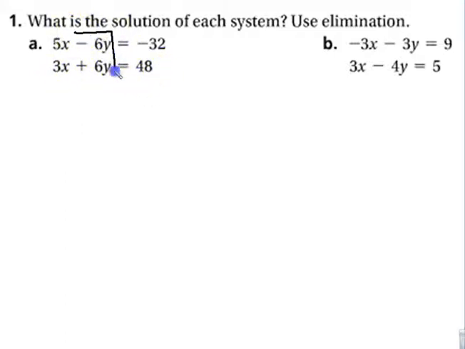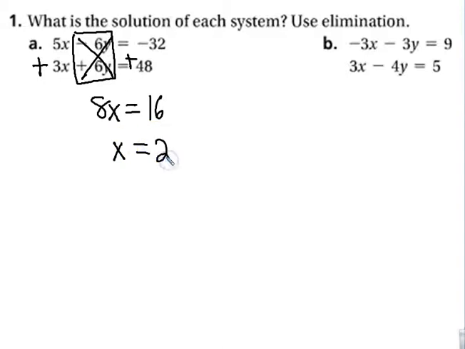I first notice that both the y's have opposite signs. So I'm going to add the equations together. These two cancel. 8x equals 16. X equals 2.